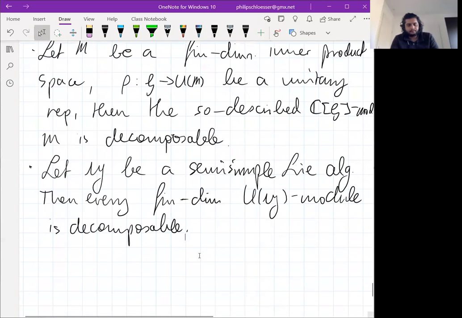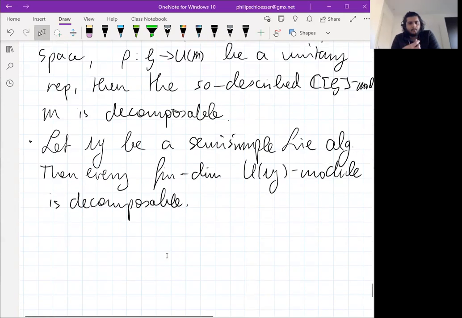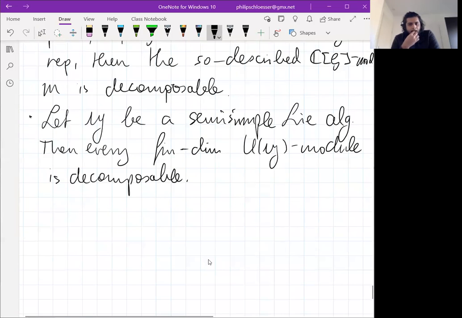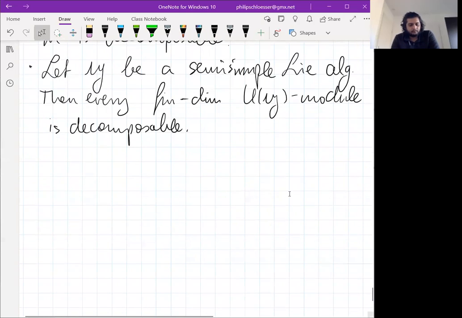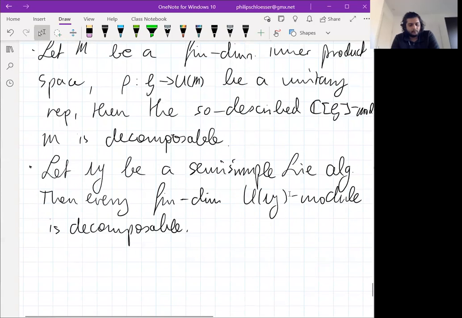Semisimple just means that there are no elements that commute with every other element, meaning that there are no elements that have zero Lie bracket with every other element, well, except the zero element itself. In other words, it is a Lie algebra that is completely determined by its adjoint representation. Okay.